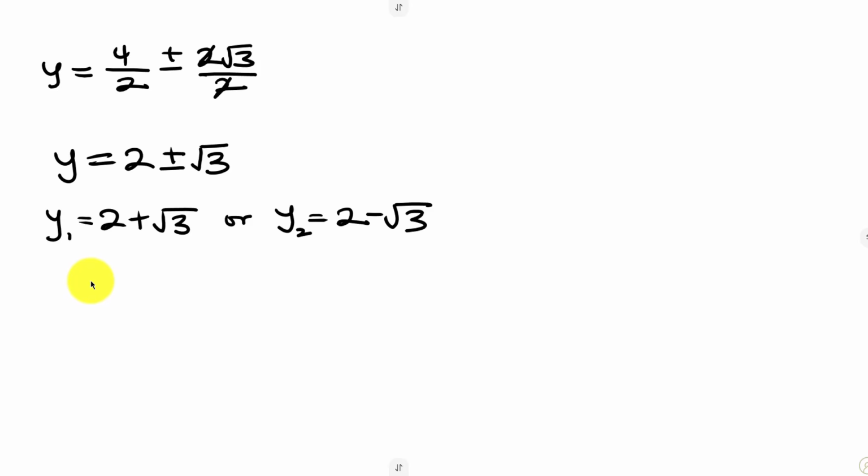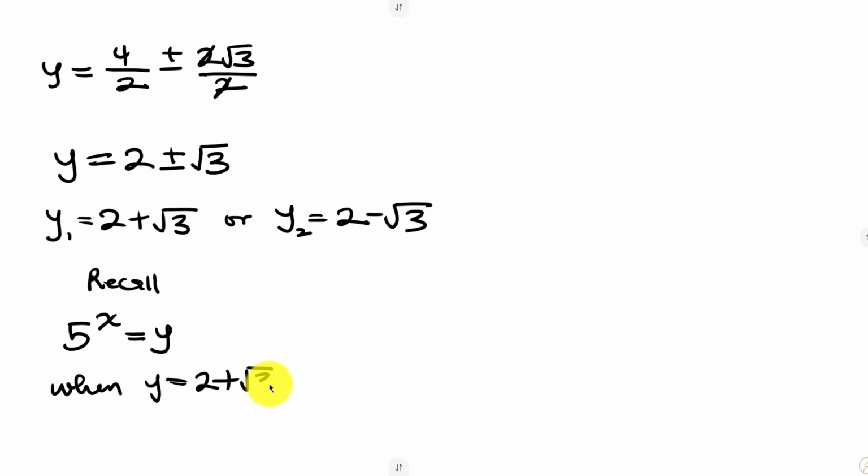Now recall from our substitution, recall that we said let the 5 to the power of x be equal to y. So we'll start with when y is equal to 2 plus the square root of 3. So substituting here, we have 5 to the power of x to be equal to 2 plus the square root of 3.